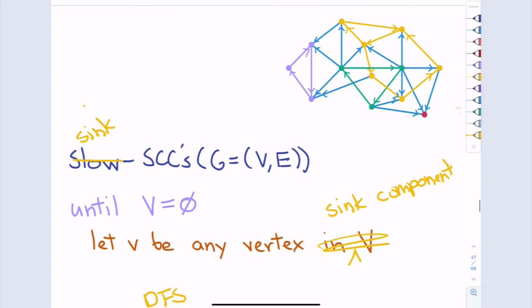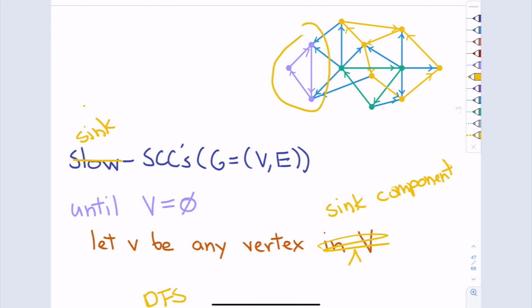Okay, we can identify another one from a sink component. Run depth first search once. What would be a sink component here? The green. So maybe I run it from here. No, that's a source component. Sorry. At this point, the purple is a sink component.